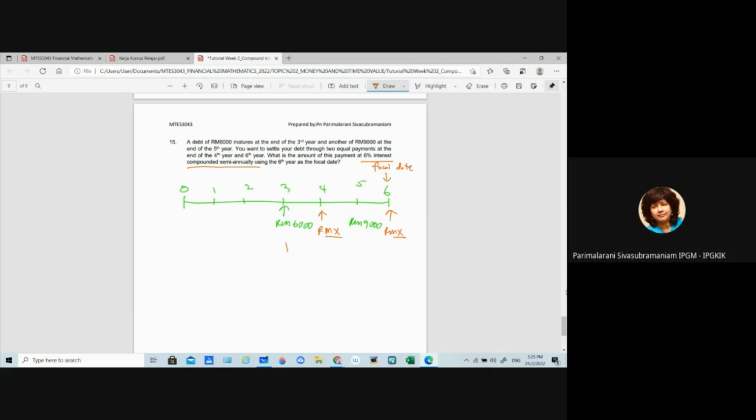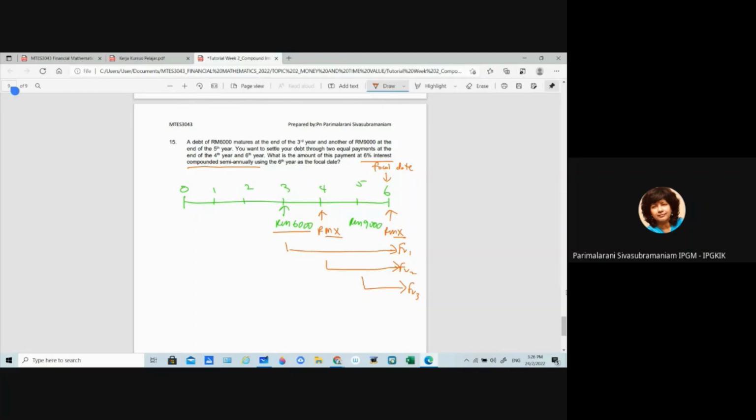From here to here, you have 6,000 and you're going to the right, so you are finding the future value. Let's say this is FV1. Here also we are finding the future value, and 9,000 also we are finding the future value.